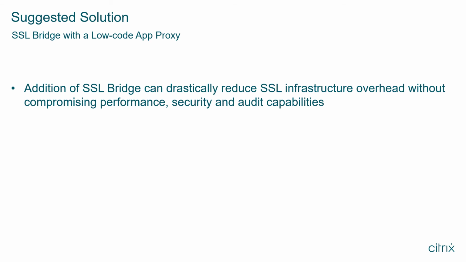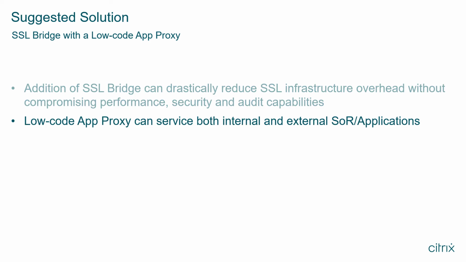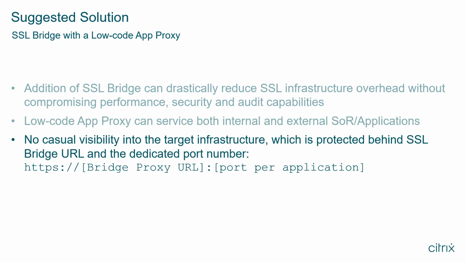SSL bridge can drastically reduce the infrastructure overhead and will not compromise performance, security, and audit capability. Low-code app proxy can be used for both internal and external systems of records or applications. And as was mentioned before, there is no visibility into the target, into the physical infrastructure of our targets, which is protected by the SSL bridge and dedicated port network.